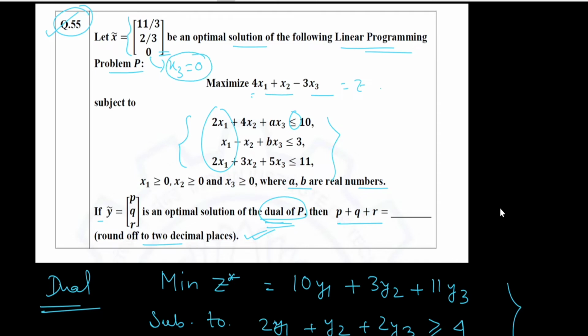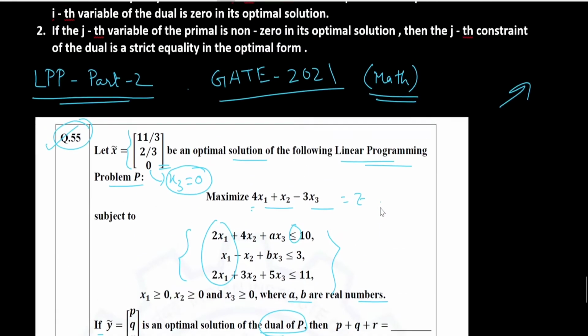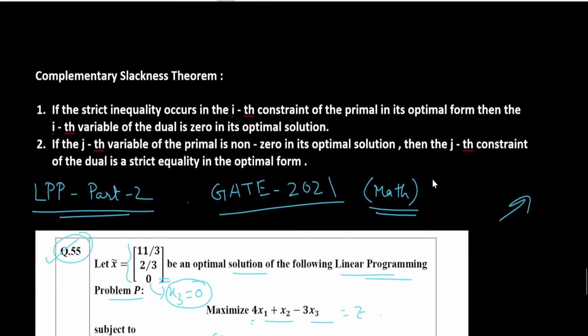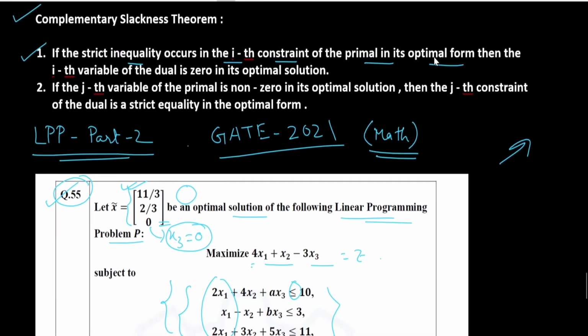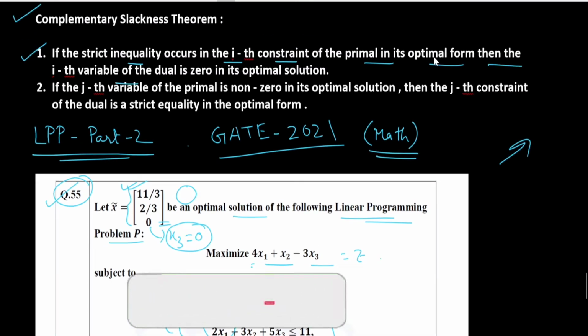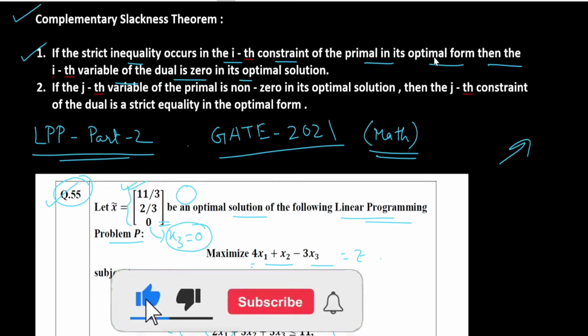Now the main theorem behind this problem is the complementary slackness theorem for duality. The complementary slackness theorem says that first, if the strict inequality occurs in the ith constraint of the primal in its optimal form, then the ith variable of the dual is 0 in its optimal solution.